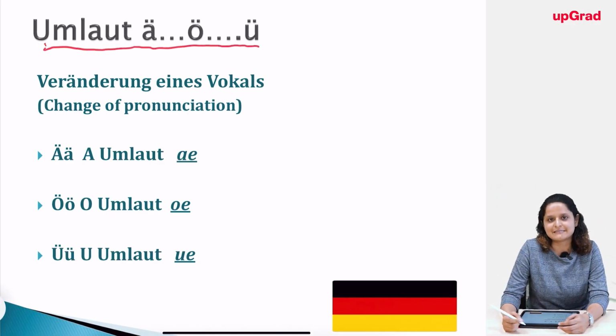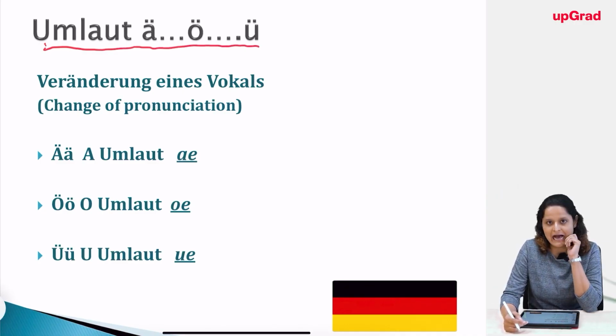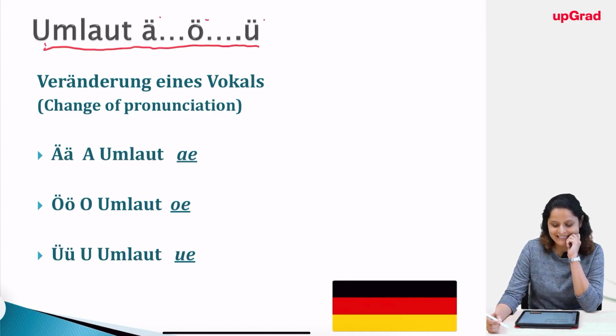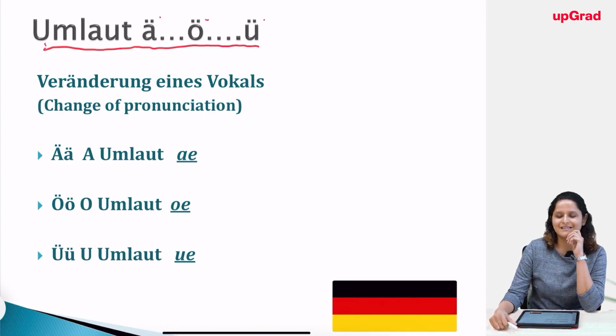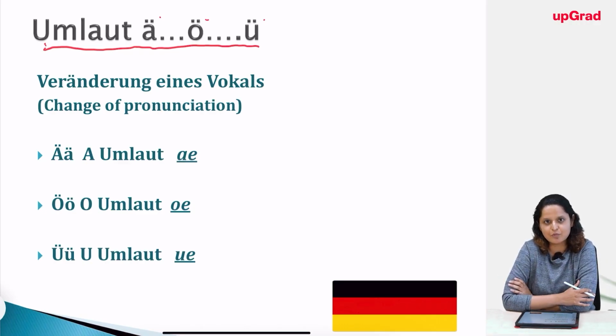You may have noticed that sometimes there are two dots put on A, O and U. Those two dots are called umlauts. What they indicate is a change of pronunciation, what we in German call Ausspracheveränderung oder Veränderung eines Vokales.